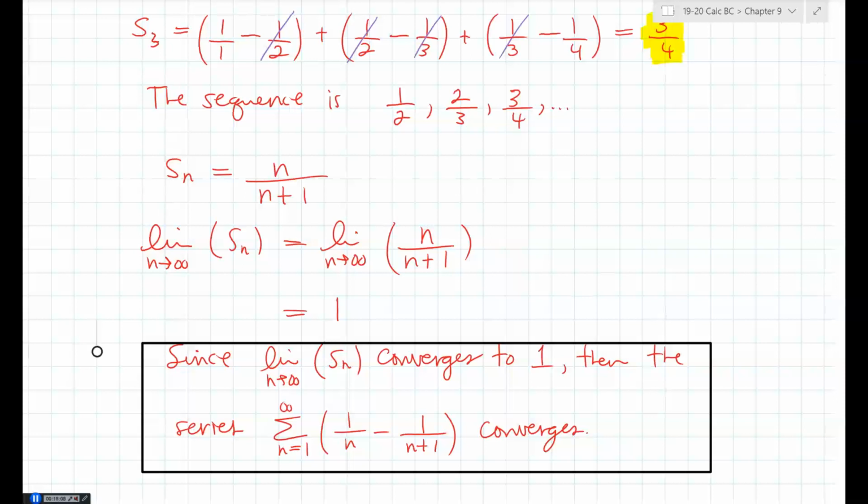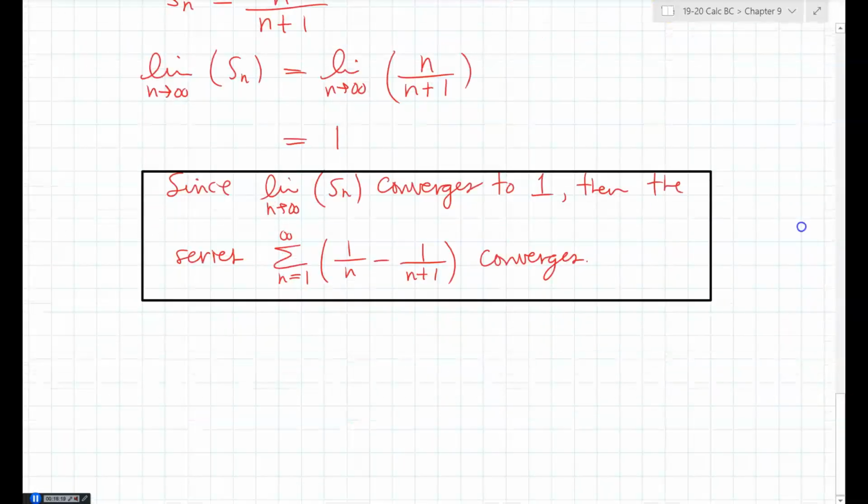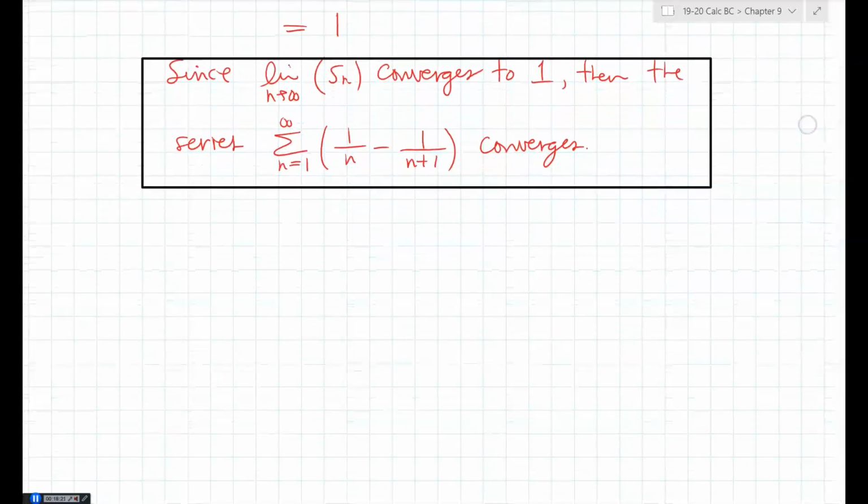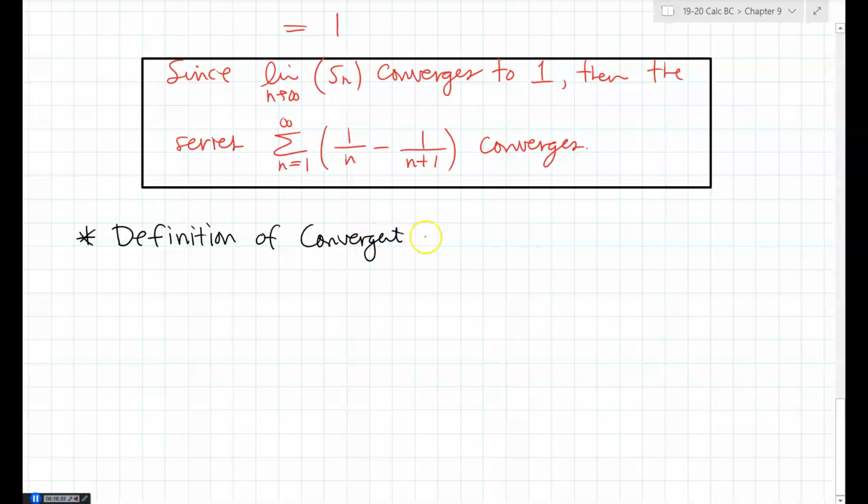So before we define a telescoping series, again, this is called a telescoping series, let me give you a definition of convergent or divergent series.